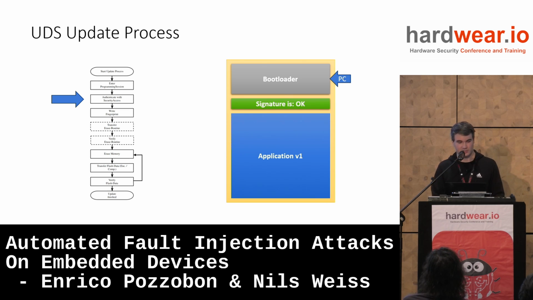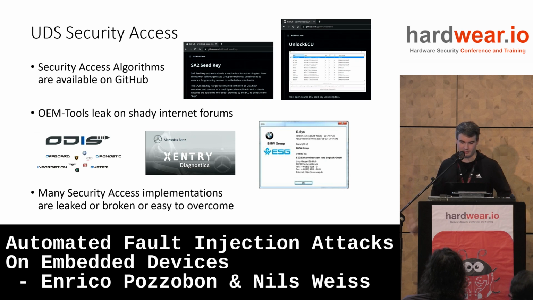At least for all the German car manufacturers that we looked at, either we find the repair shop tools leaked on torrent, such as, for example, these ones that you see on this slide, or you even find the security access algorithms reverse engineered and solved on GitHub.